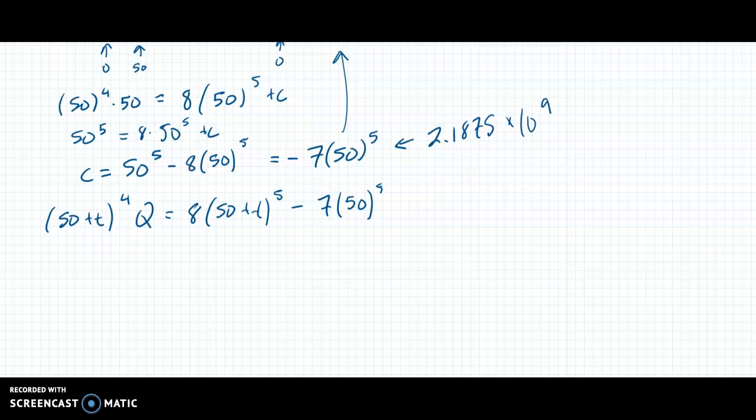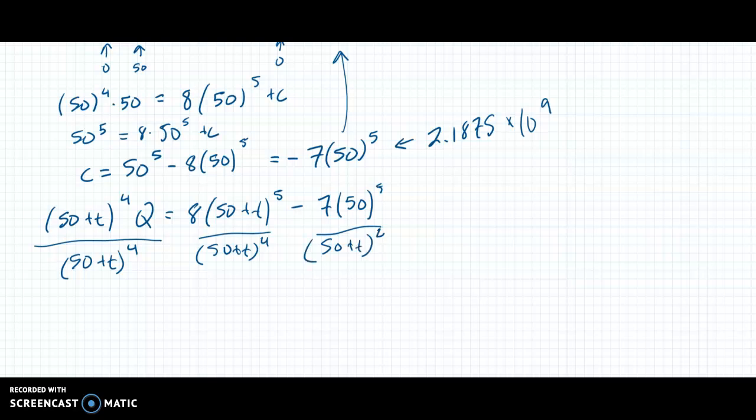Okay, so what do we need to do? I want to solve for this q right here. So what am I going to do? I'm going to divide everything by (50 plus t) to the fourth. This cancels. Look at this. This is great.